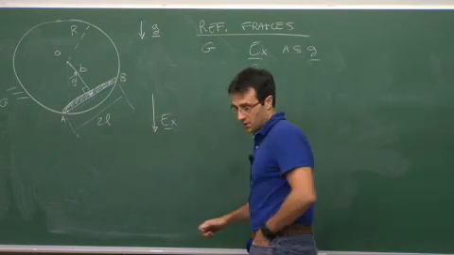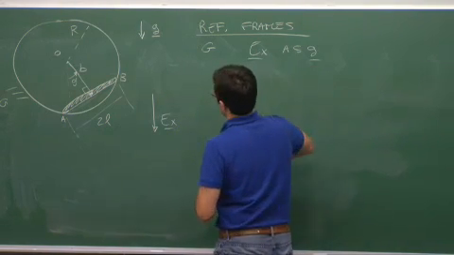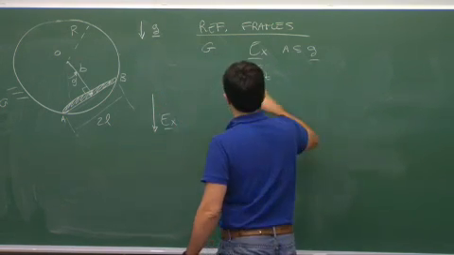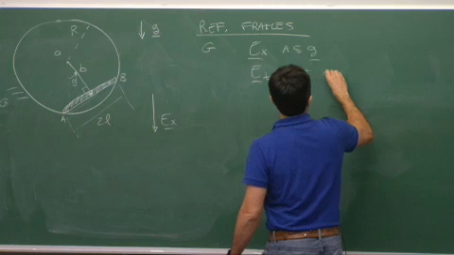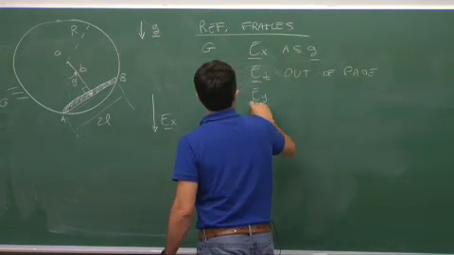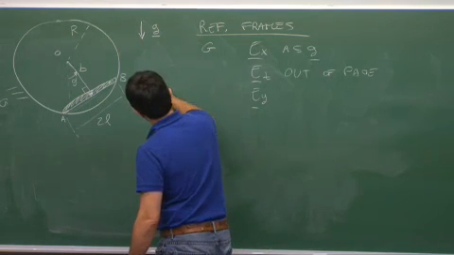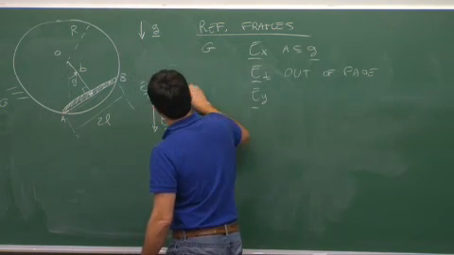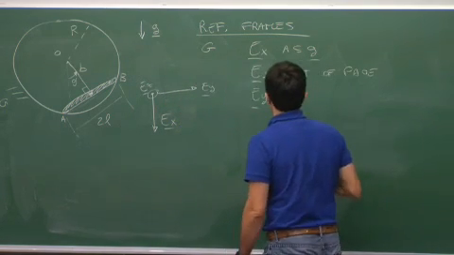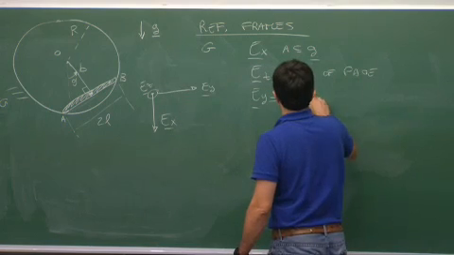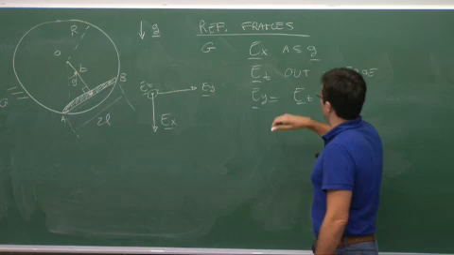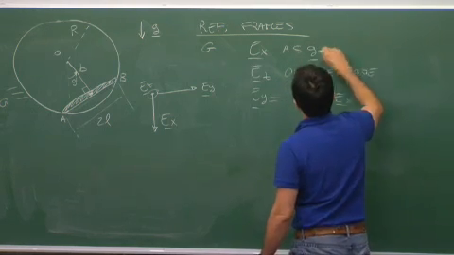actually let me do EZ first, because I have a rotation there, right? So EZ, given the sign of theta, I want to say out of the page. And then EY is whatever comes out of that. So this is EZ, and this is EY. It's the cross product between EZ and EX. That's one. The origin is at O. Forgot to say that.